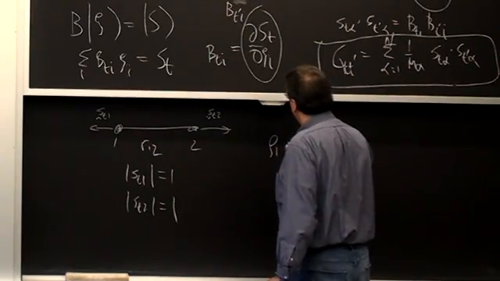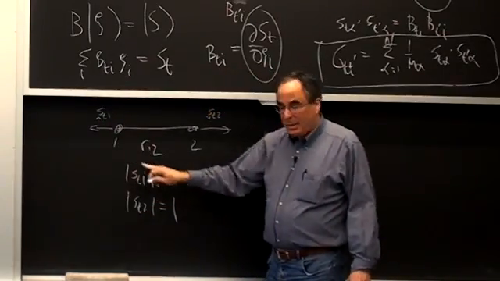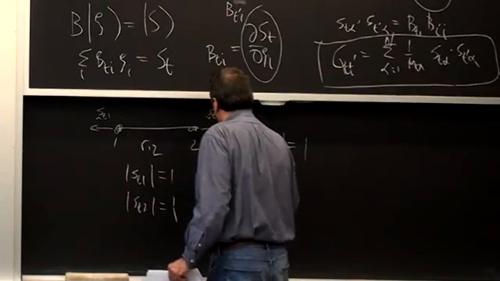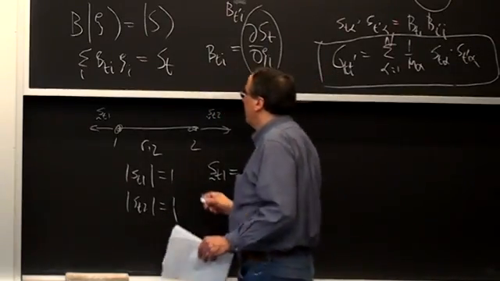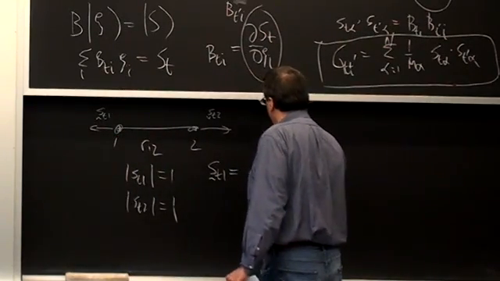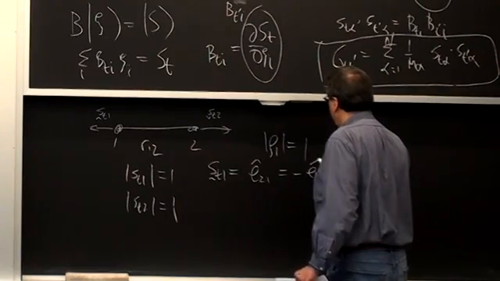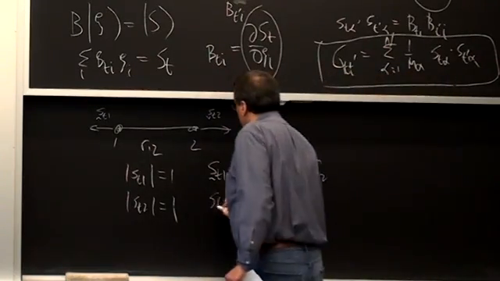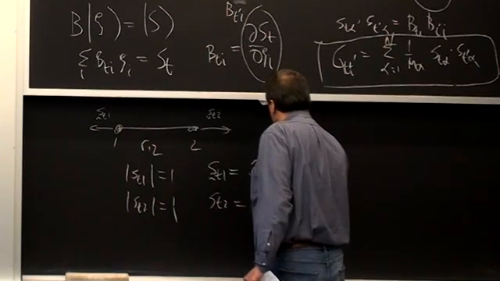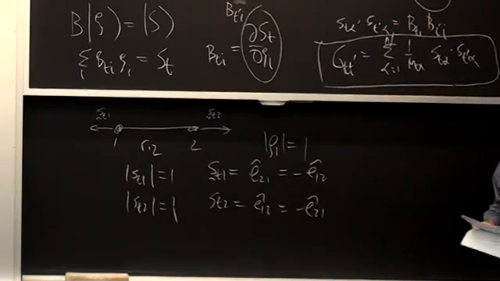If rho 1 has magnitude 1 and it's in the optimum direction, then ST1 is just 1. And then the vector ST1, pointing this direction, would be unit vector E21, and that's equal to minus the unit vector E12. And ST2 is the unit vector E12, or minus E21. Okay.